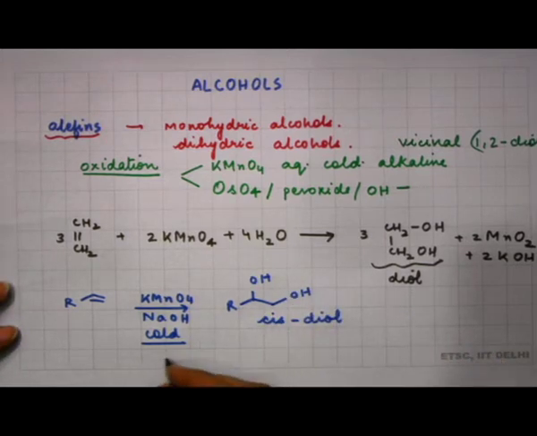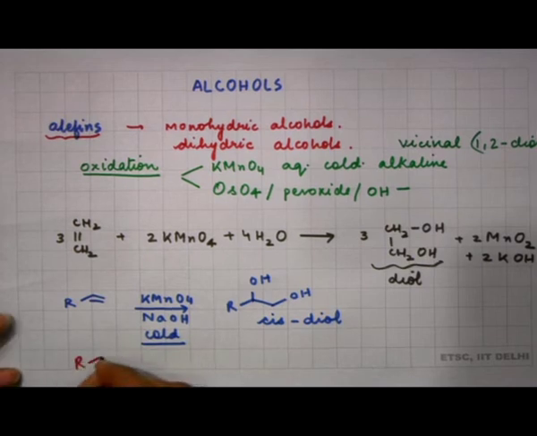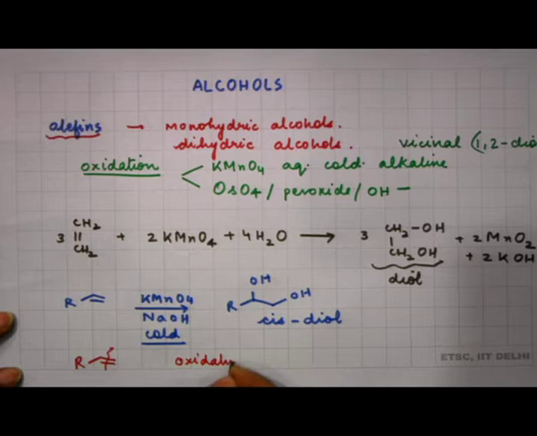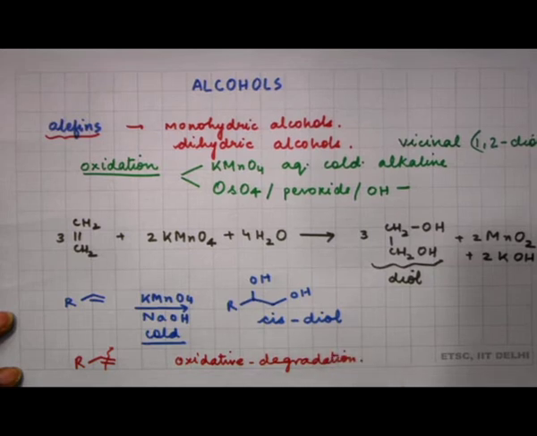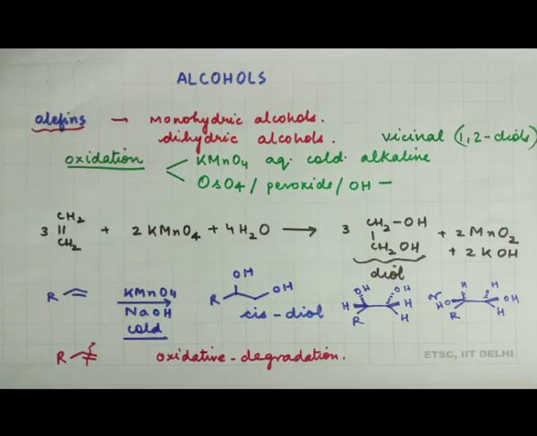If you do the same reaction at high temperatures, then this is going to lead to the cleavage of the carbon-carbon double bond and give you oxidative degradation products. So, that is why it is essential that we carry out these reactions under cold conditions.